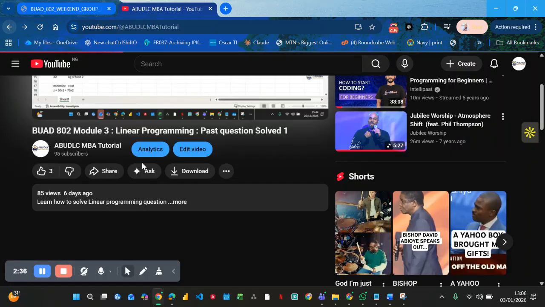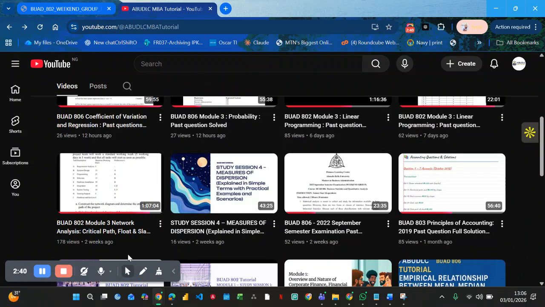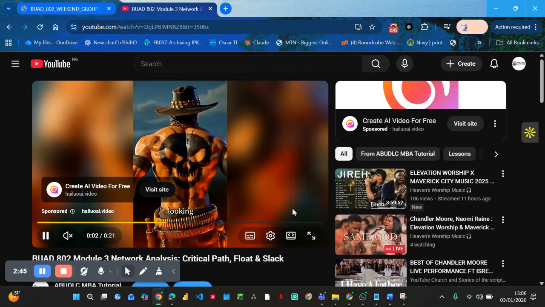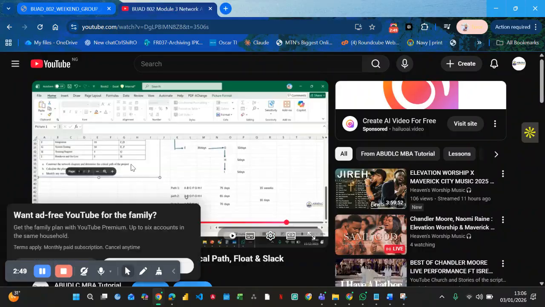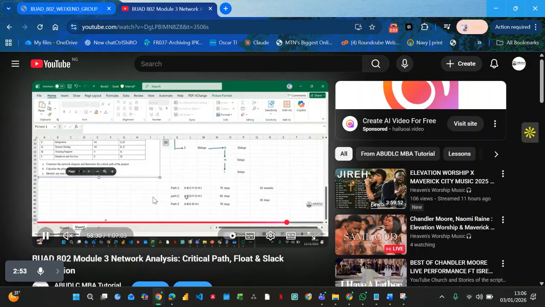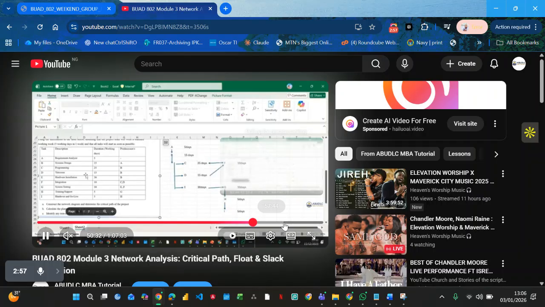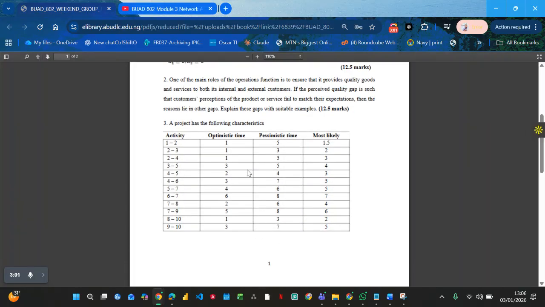Sorry, this is not network, this is linear programming, and network analysis is this one. This one we also solved, and it's about network analysis. You can see the solution is here. But this one we are solving is also network analysis, but the question looks somehow different.